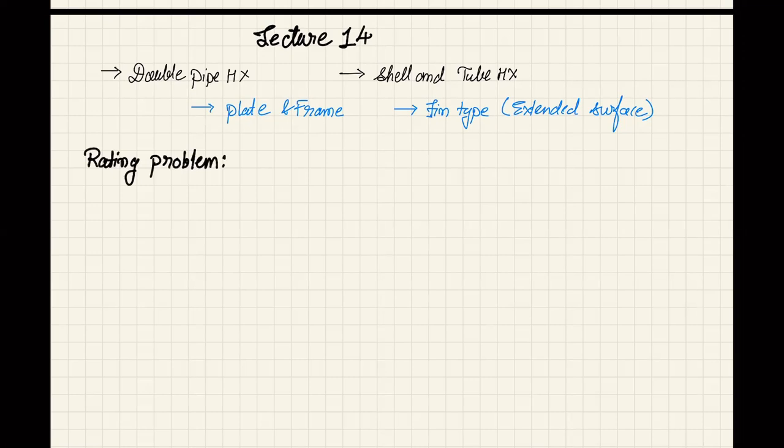So a rating problem in a heat exchanger is about finding out the outlet temperatures of your streams. So in a rating problem, you would be knowing the input temperatures for both the streams. You'll be knowing the mass flow rates for both the streams. You'll be knowing the CP values for both the streams.